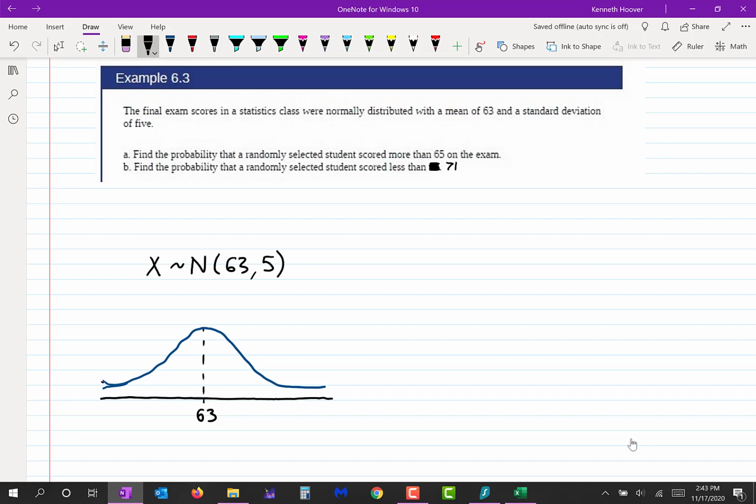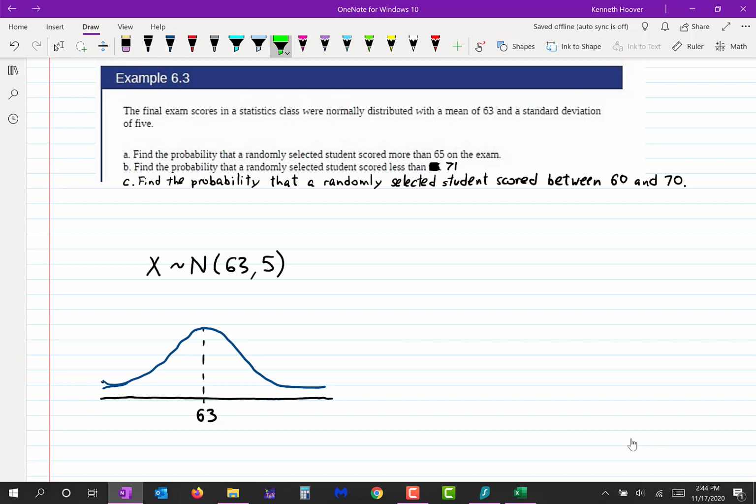Okay, and I'm going to add a question C, which will say find the probability that a randomly selected student scored between 60 and 70. Okay, let's answer those three questions.